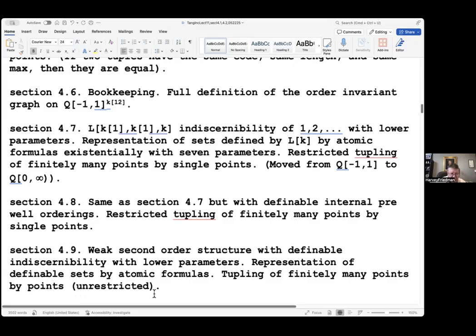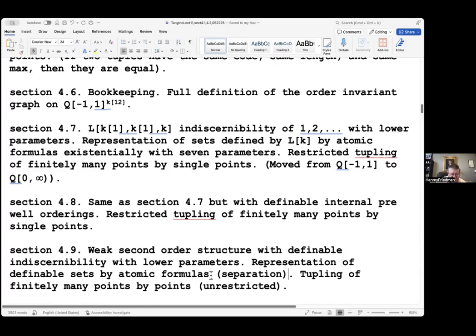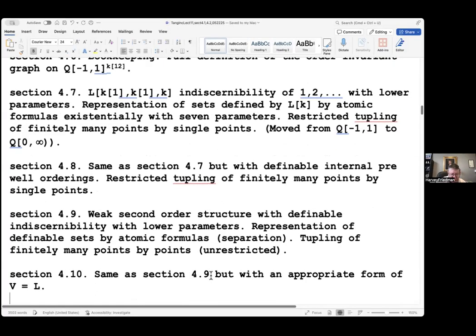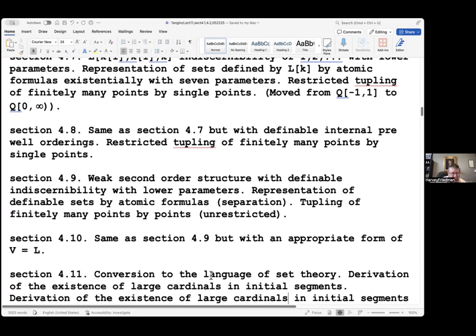I might as well say this is really separation. And then we redo 4.9.